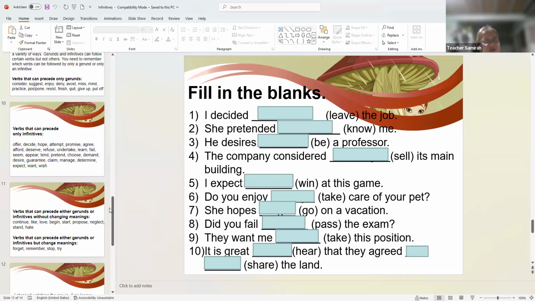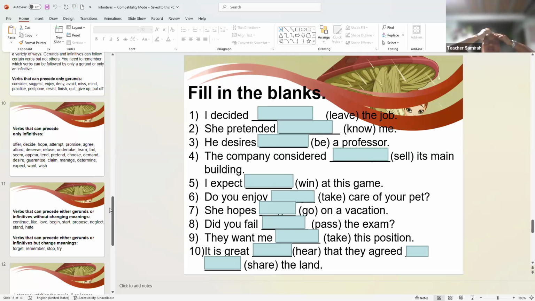So take note of the verbs that precede the blank so that you know what you are going to use, whether you are going to use an infinitive or whether you are going to use a gerund. Take note of the verb. I was actually looking at it.